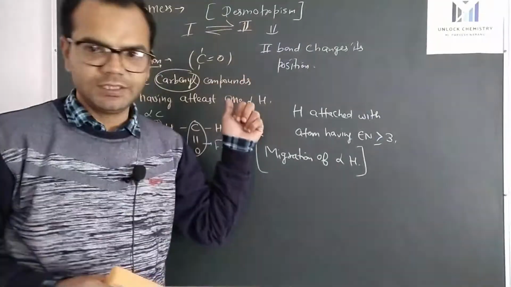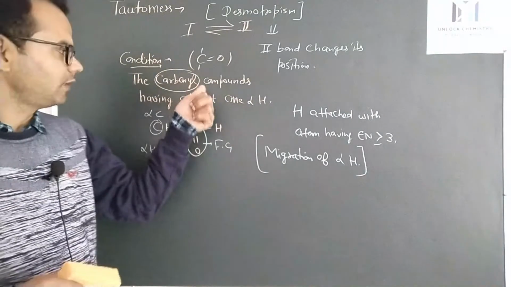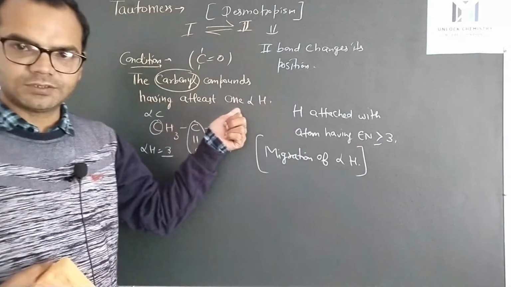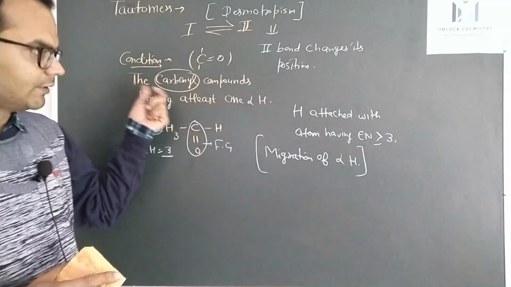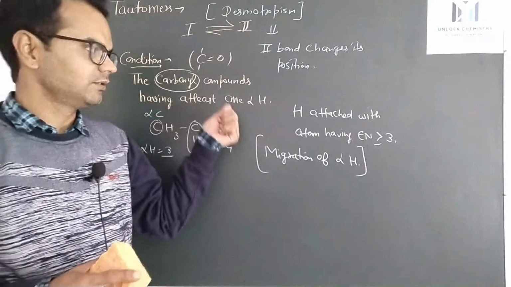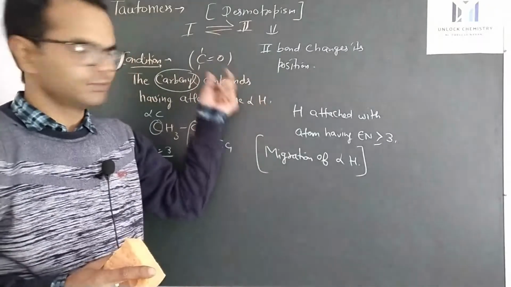So again we need carbonyl compounds having at least one alpha hydrogen. By this basic condition we can compare what kind of compounds can show tautomerism or what compounds can't show tautomerism.